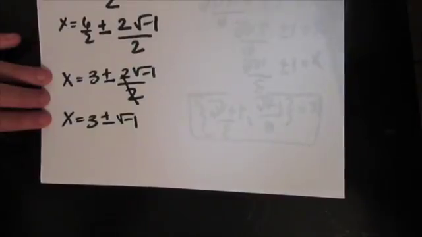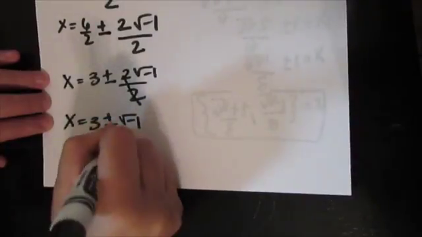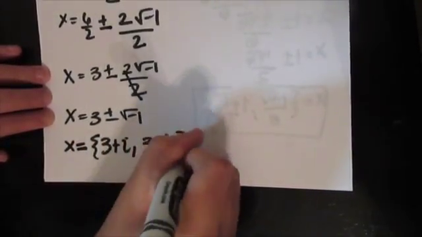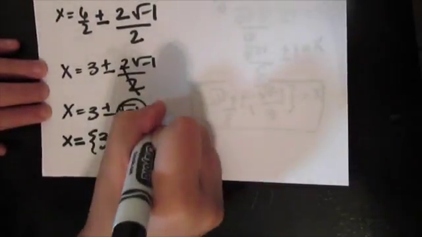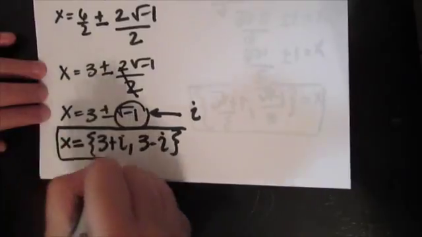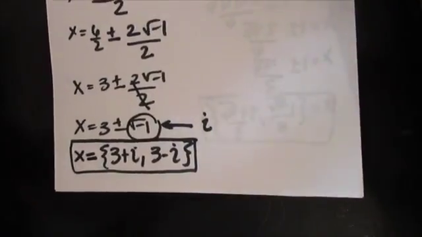So once you put it in set notation, x will equal the set of 3 plus i and 3 minus i, since the radical of negative 1 is i. And that concludes the section 1.3 quadratic equations.